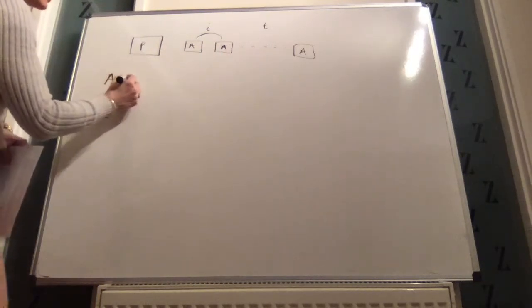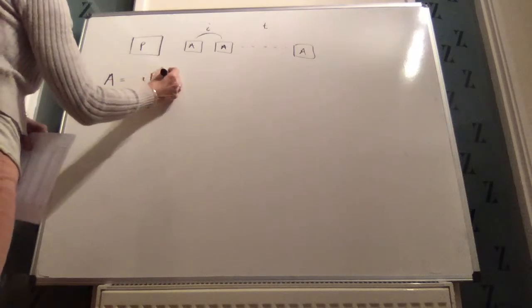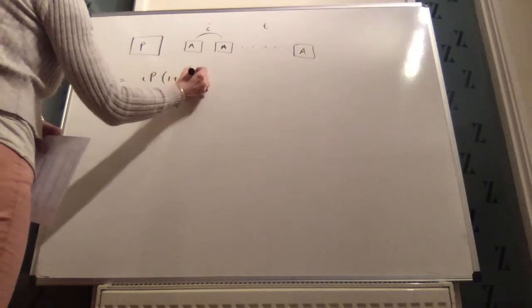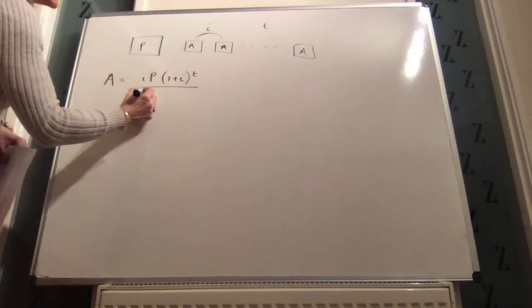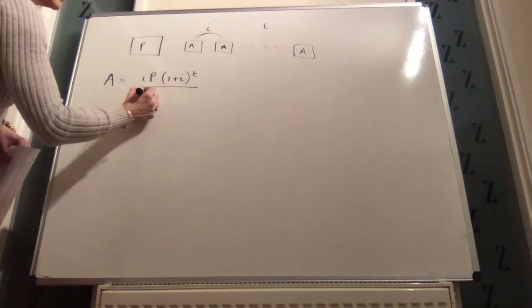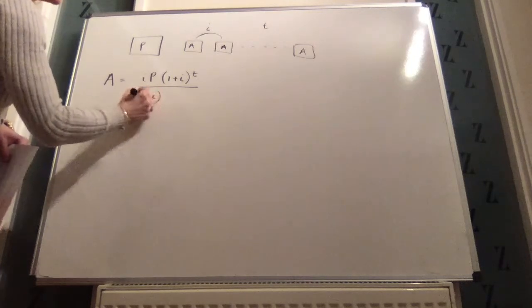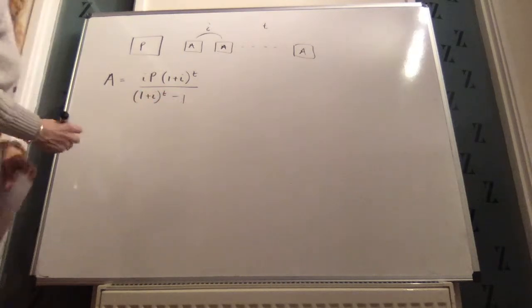A is equal to IP times (1 plus I) to the power of T over (1 plus I) to the power of T minus 1.